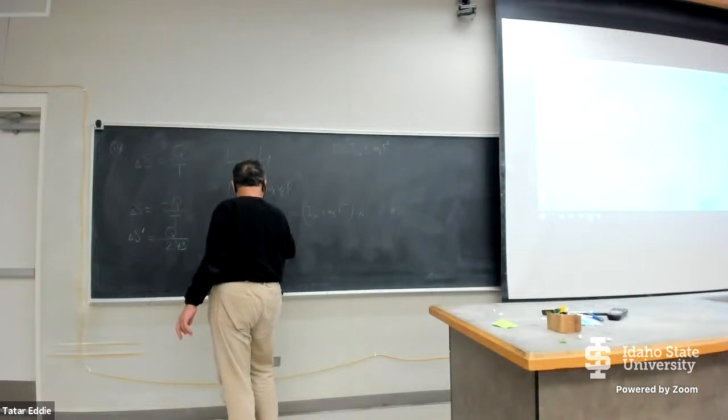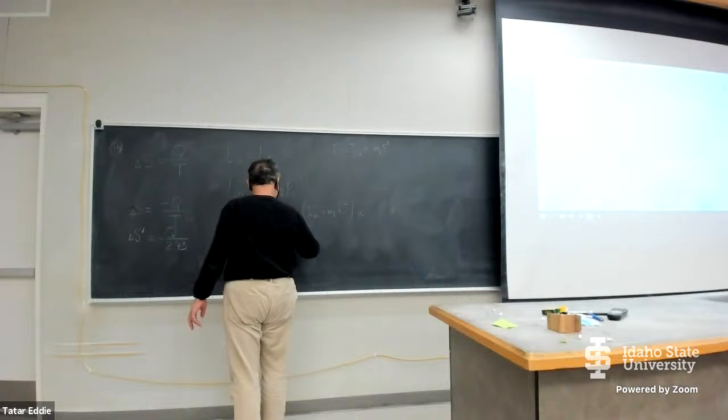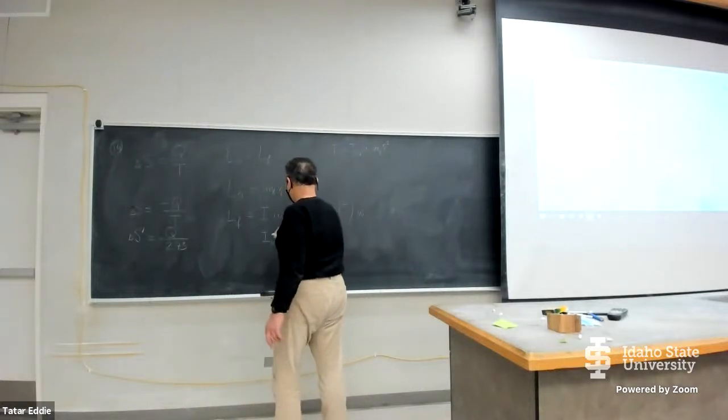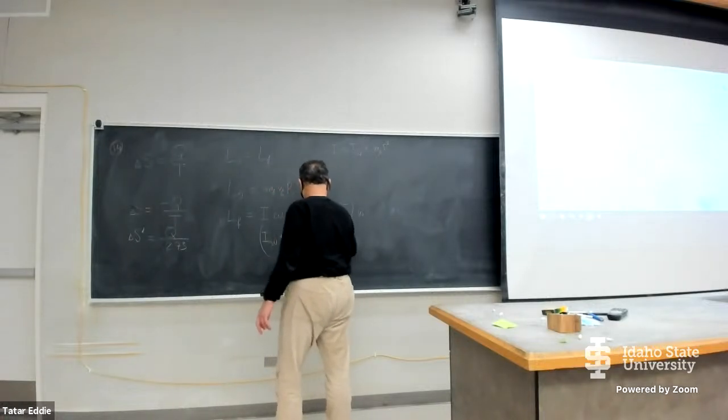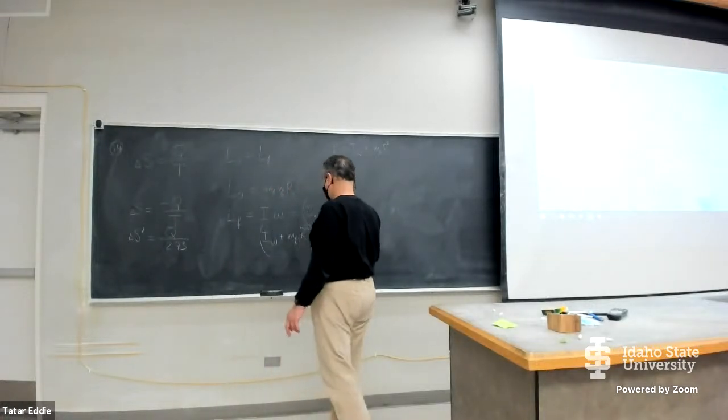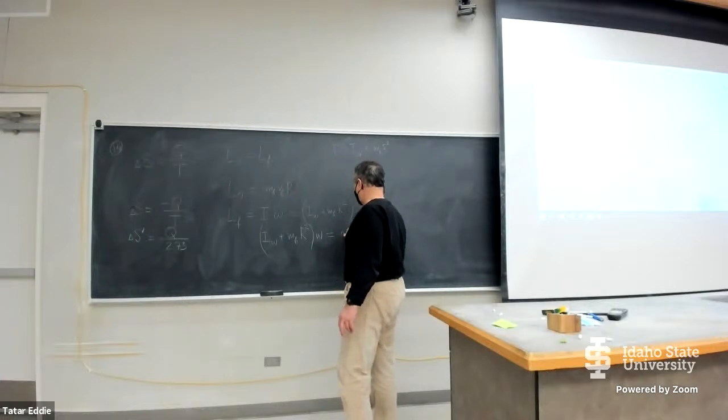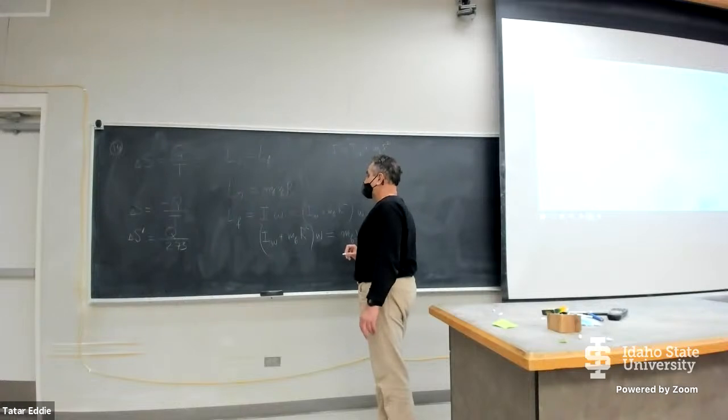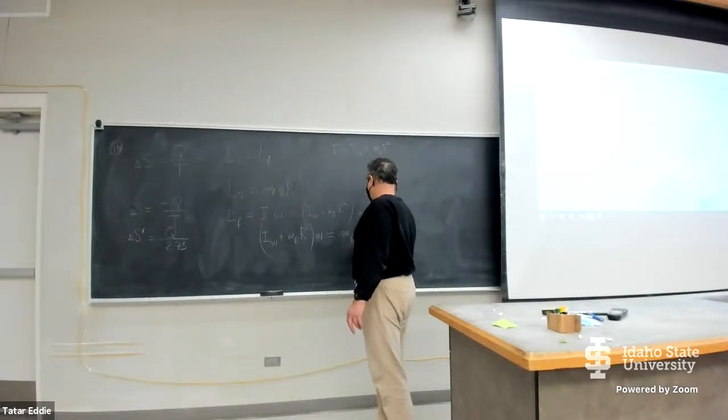So you're going to have the moment of inertia of the wheel plus the mass of the bullet times the radius of the wheel squared, multiplied by the unknown angular velocity, equal to the mass of the bullet times the speed of the bullet times the radius.